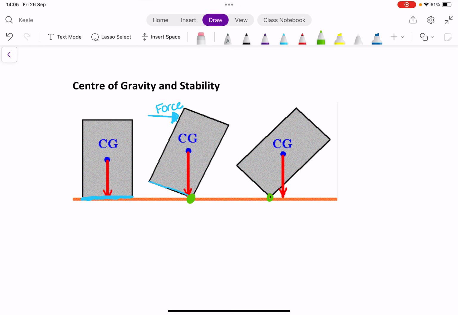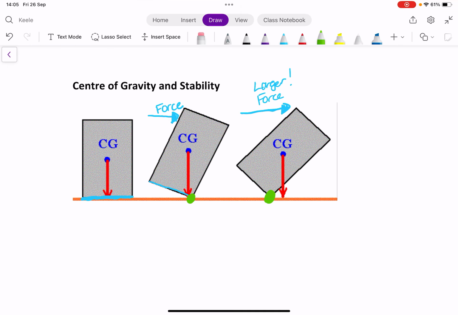In the third instance, we're applying a larger force, and that has managed to tip the box past this corner support here. So now it will fall over. It won't return back to its original position. So it's highly unstable.